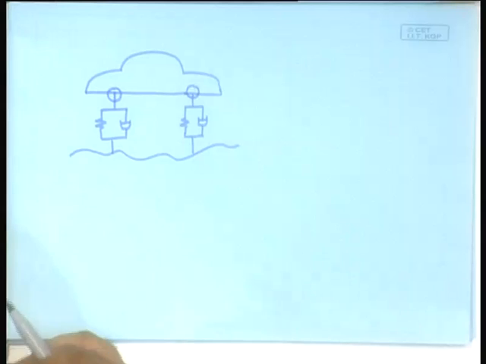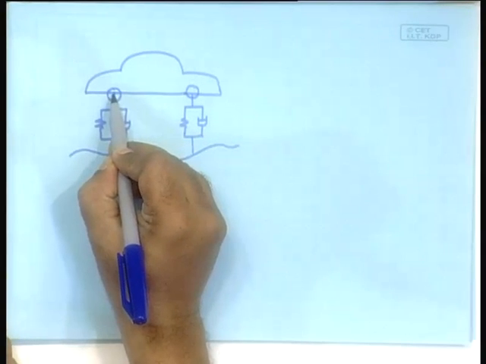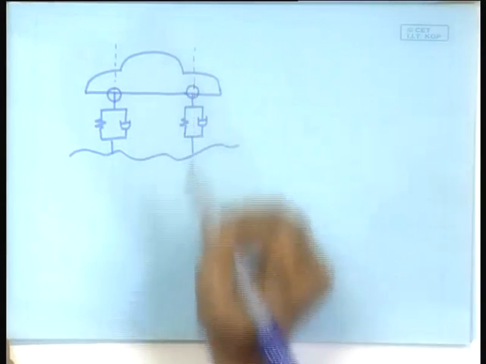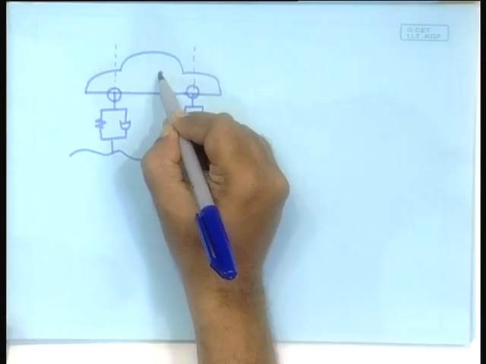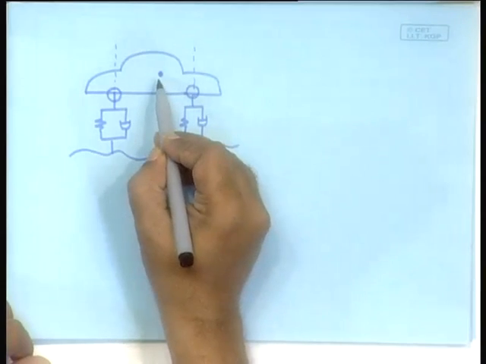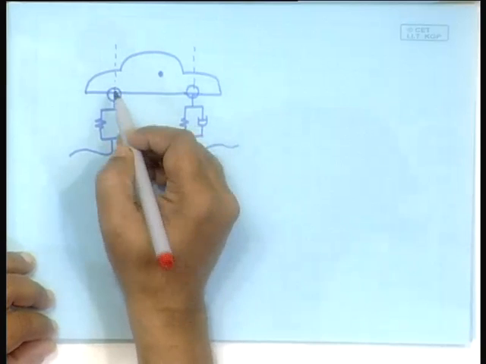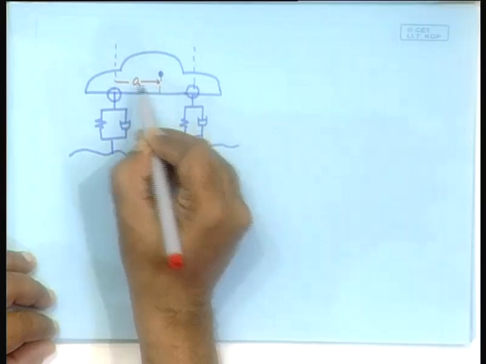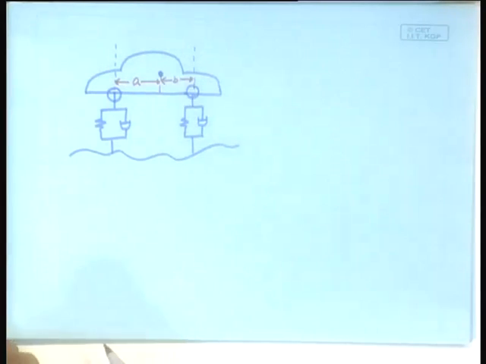So, how to do this? The points of suspension, if you put this, there would be some point at which the CG resides, say here. The CG is at some distance A from here and B from here.